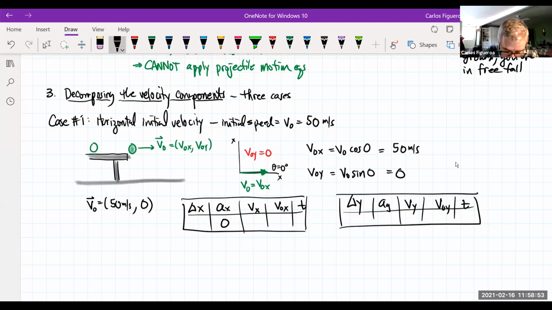And if this is the initial speed, since the acceleration is 0, this will be the final speed in this situation. But my y velocity initially is 0. So I have to have the ability to put in those quantities. Okay, that's the first case. So we just did the first case. Let's go look at the second case.